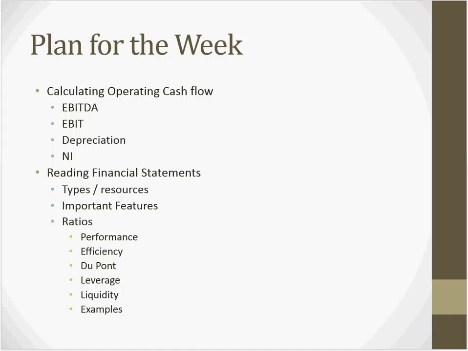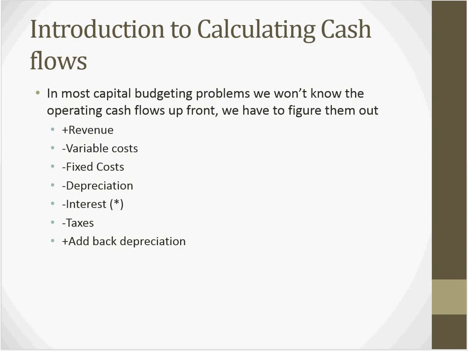If I have to turn over my inventory and buy more inventory, it means my business is operating. So we'll talk about ratios and interpreting financial statements in the second part.